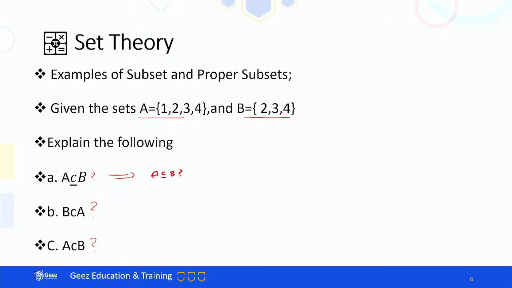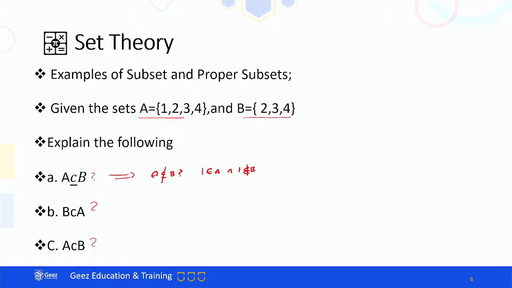That is, if A is a subset of B, every element of A must be in B. Now, we know that 2 is in B, 3 is in B, 4 is also in B. But there is one element which is an element of A, and is not an element of B. So from this, we can say that A is not a subset of B. That means A is not part of B because every element of A does not belong to B. So our explanation here is that A is not a subset of B.